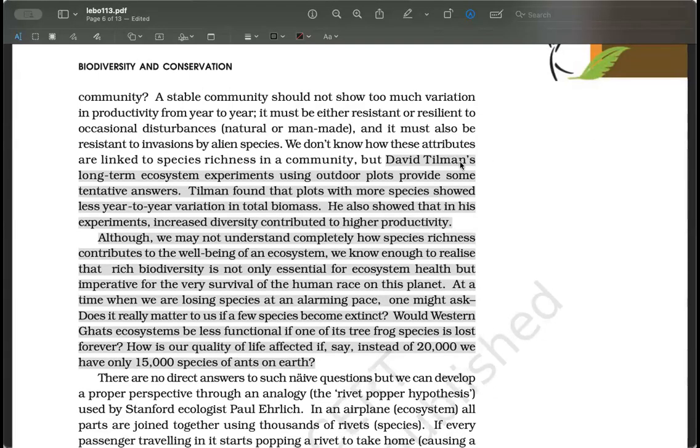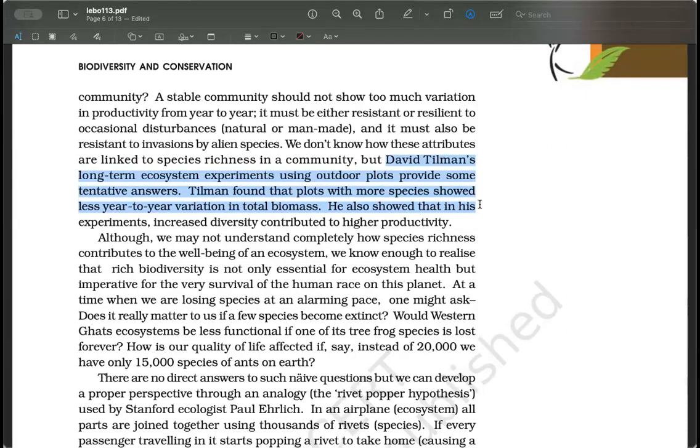So David Tilman just proved it experimentally. What he did, he took a plot, and he showed that if the plot that he was taking care of had more species diversity, so he would plant more angiosperms, more fruit bearing trees, then more birds and herbivores started coming and living in that plot.